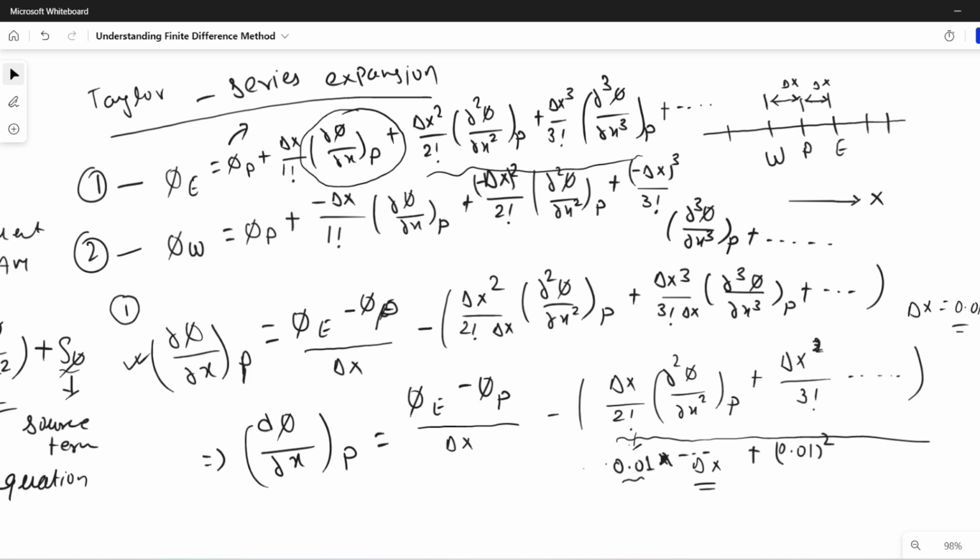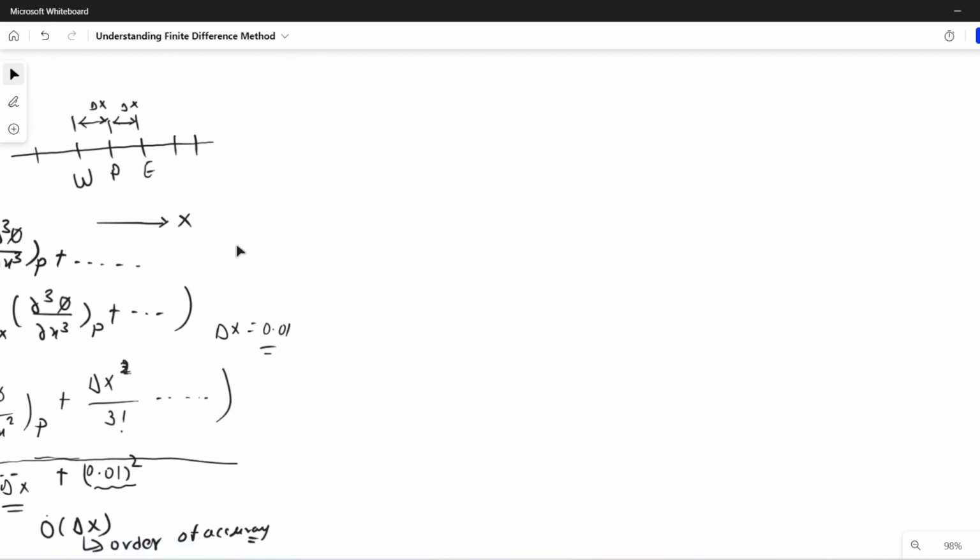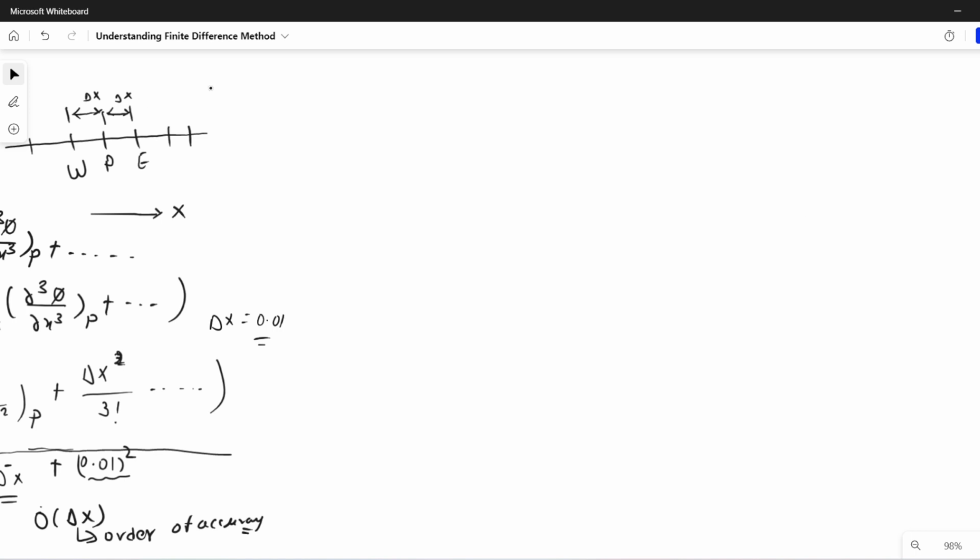So the contribution of this term will be much higher compared to the contribution of this term. So we can simply write these terms as order of Δx. This is also known as order of accuracy.